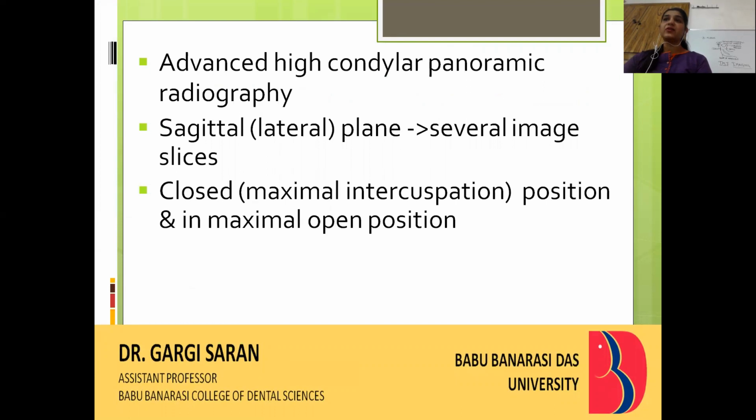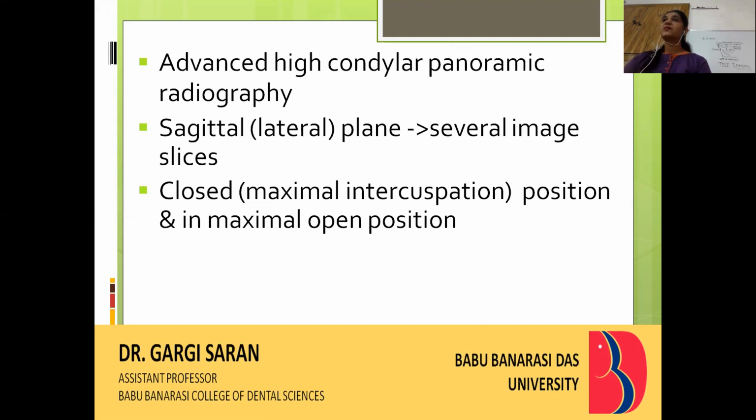Advanced panoramic radiography is used when we change this modality into a more digital form and inject contrast media into the joints. For digital radiography, an option is also available to visualize the open and closed mouth TMJ views, in which we can see how the TMJ translates anteriorly from its normal joint space while opening the mouth and comes back to its position.